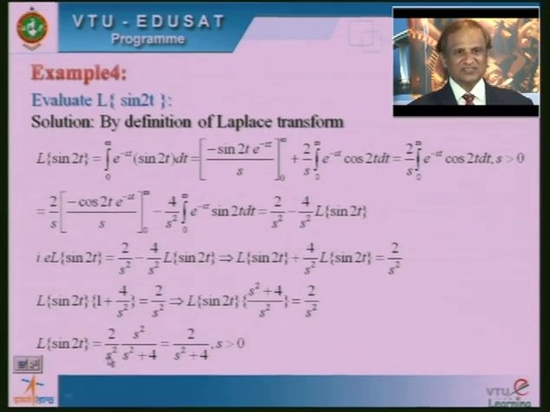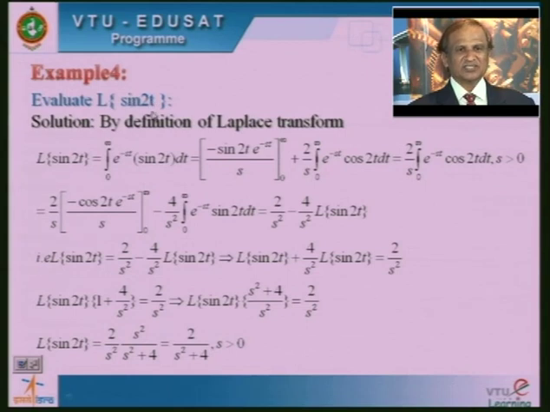S square cancels with s square, and finally it remains 2 divided by s square plus 4, where s is greater than 0. It means that if the given function is sine 2t, the Laplace transform of sine 2t is 2 divided by s square plus 2 square.